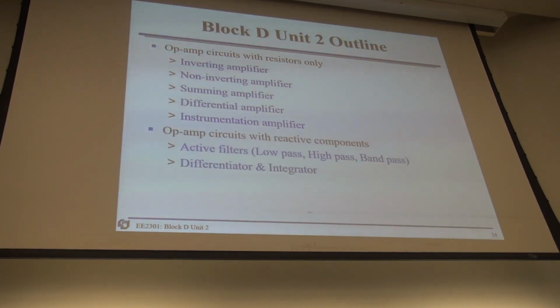Then we have more sophisticated applications like integration, differentiation, low pass, high pass, band pass filtering, and how we construct those. Last, we are going to talk about physical limitations of the practical op-amp. When you are given a task to pick an op-amp chip, what are the things you need to consider?